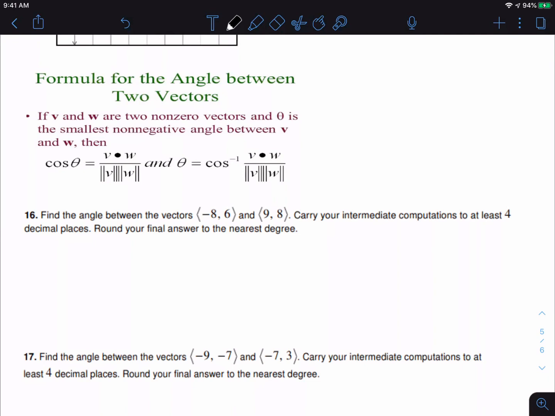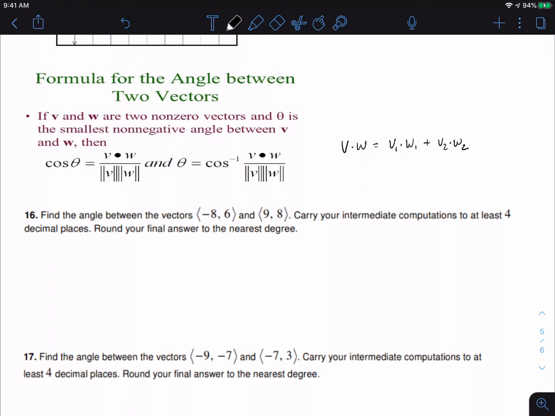So we need to remember what the dot product was. And so the dot product tells us to multiply the 2 vectors. They're each parts, right? So if I had like v dot w, I would go v1 times w1 plus v2 times w2. That would be the dot product, right?